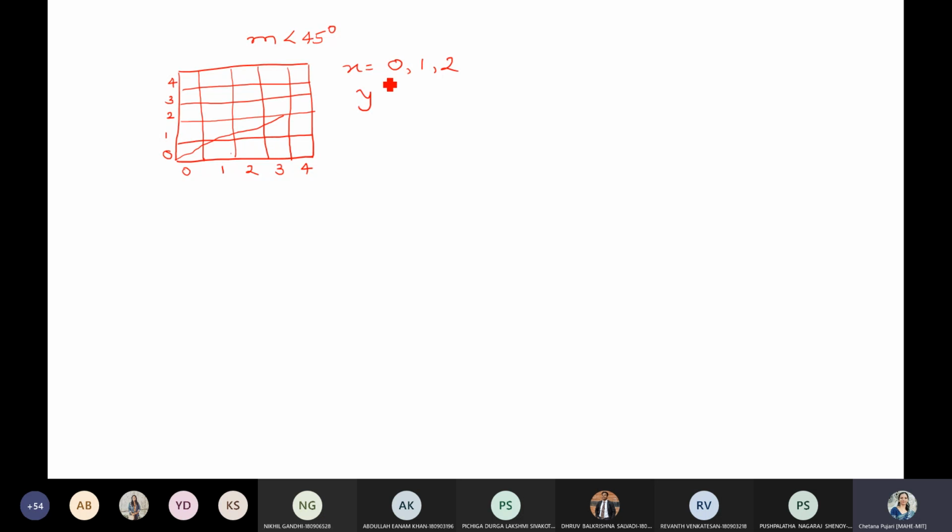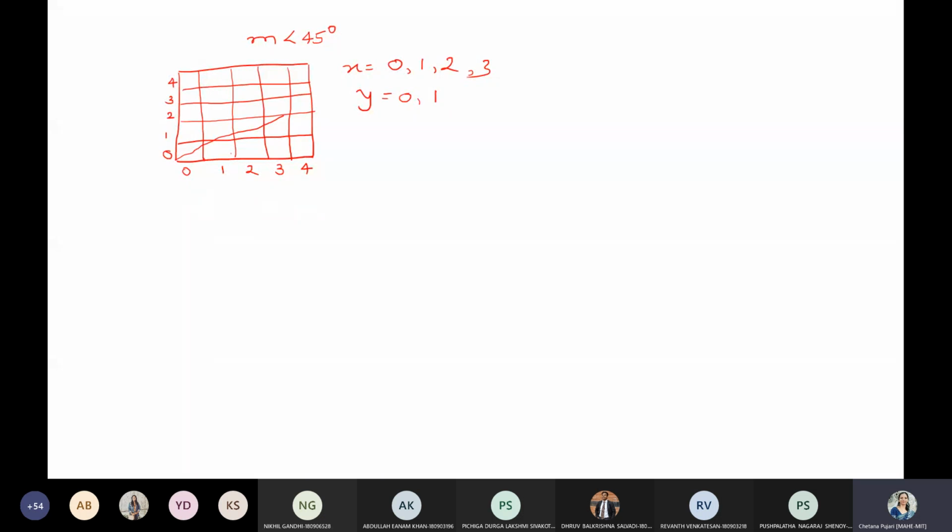So in this case, your x can have a value 0, 1, 2 and 3, and y can have a value 0 and 1, right? Because you will have fewer y values and more x values, as we have considered a case where m is less than 45 degrees. Once we are done with this case, the same logic you can apply for m greater than 45 degrees as well.